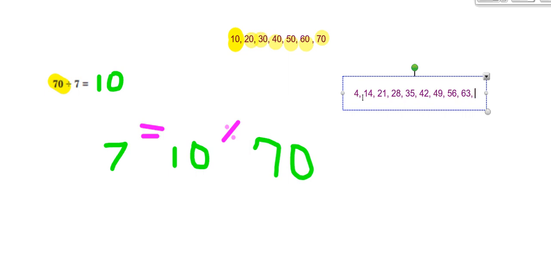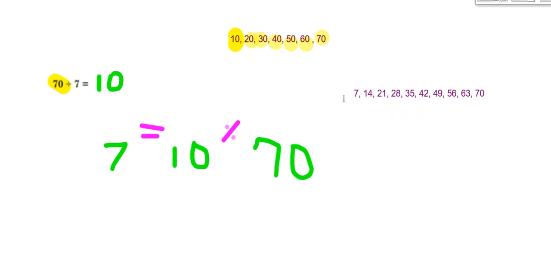So here, 7 times 1, 7, 7 times 2, 14, 7 times 3, 21, 7 times 4, 28, 7 times 5, 35, 7 times 6, 42, 7 times 7, 49, 7 times 8, 56, 7 times 9, 63, and last but not least, 7 times 10 equals 70.